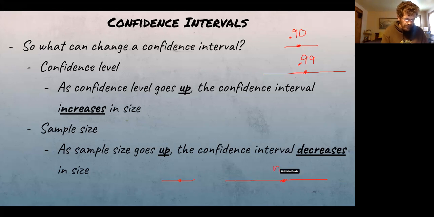So this might be n equals 10, and this might be n equals 100. So this is an inverse relationship. As sample size goes up, the confidence interval decreases. All right, hopefully pretty clear. In the presentation, I wanted this to be a very clear takeaway page for you to refer back to.